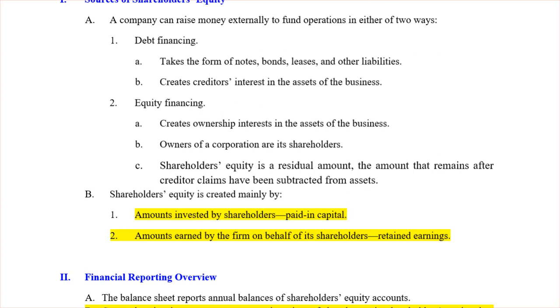And one example we have in this chapter is common stock distributable. That's not common stock that's been issued, right? So that's a little bit of a simplification, but generally we say that shareholders' equity is created by mainly two things: contributions, which is contributed capital, or it's earned capital, which is retained earnings.